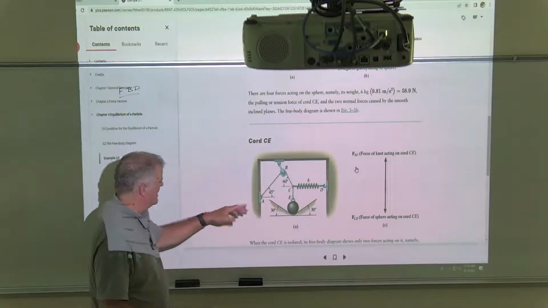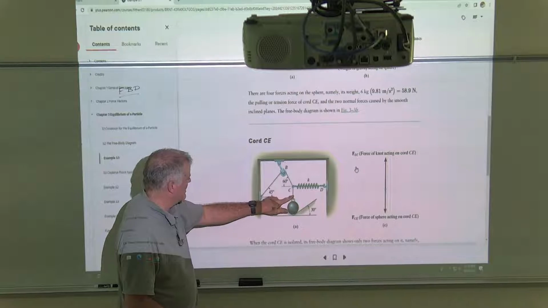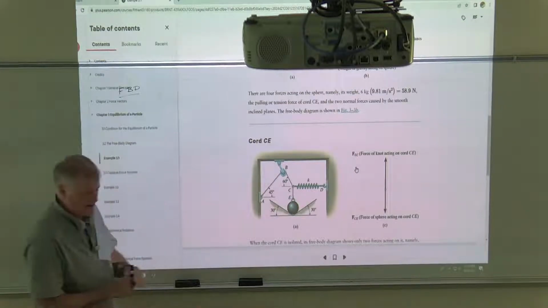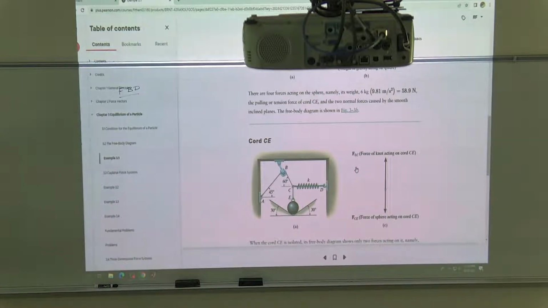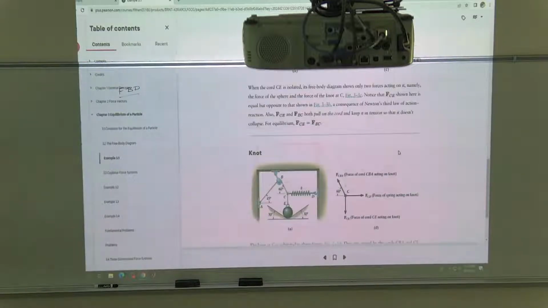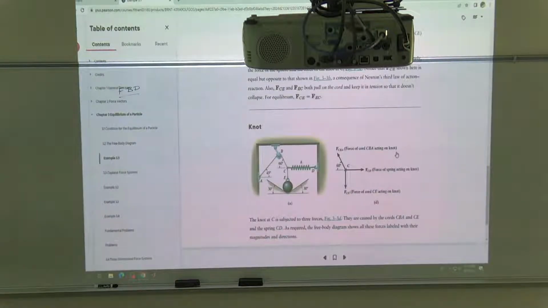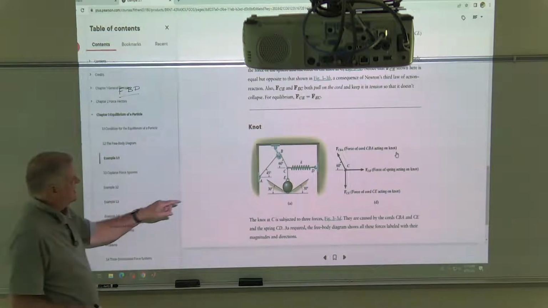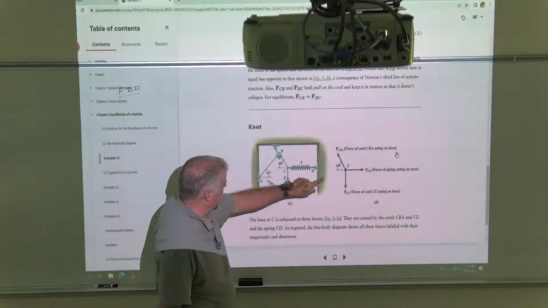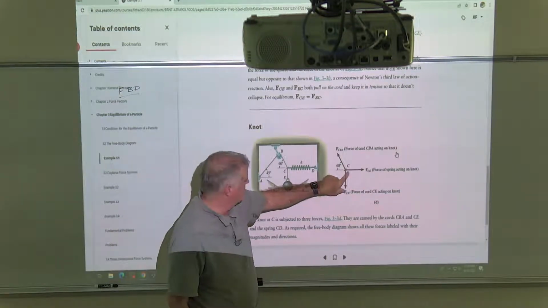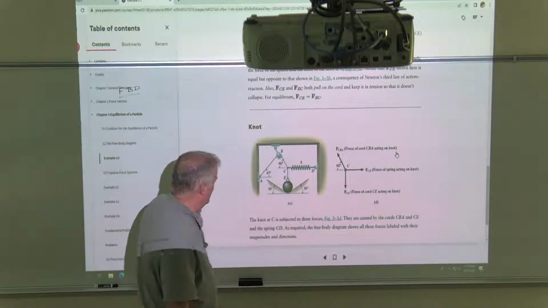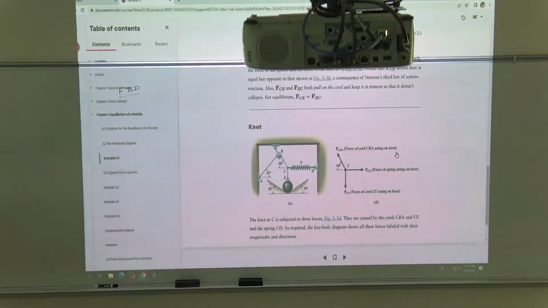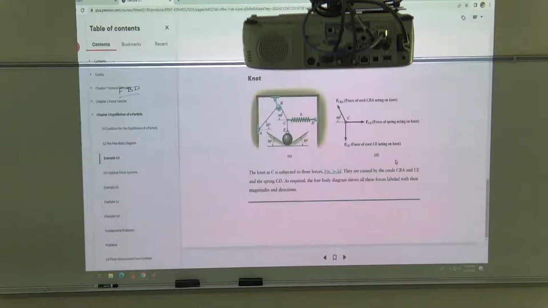They just say the force here pulling up is the same as the force pulling down. That's okay. Then you've got this one, which was the knot. I say it's a little knot or maybe an eye bolt, pulling, pulling, and pulling. Oh, and that's all he had.